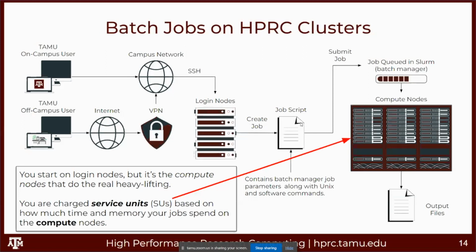These compute nodes are a shared resource among everyone who uses HPRC. Because of that, you're going to be charged service units depending on how many CPUs, how much memory, and how much time your jobs consume while running.